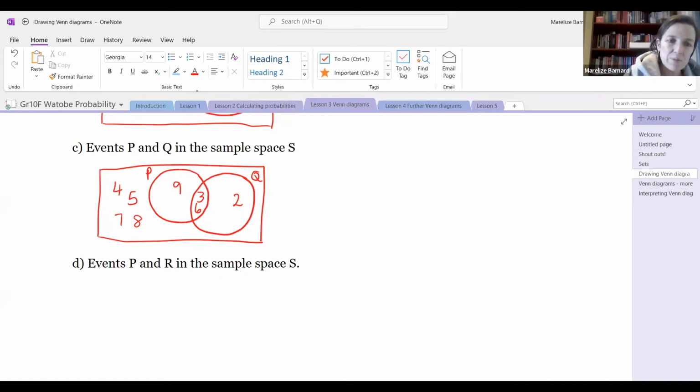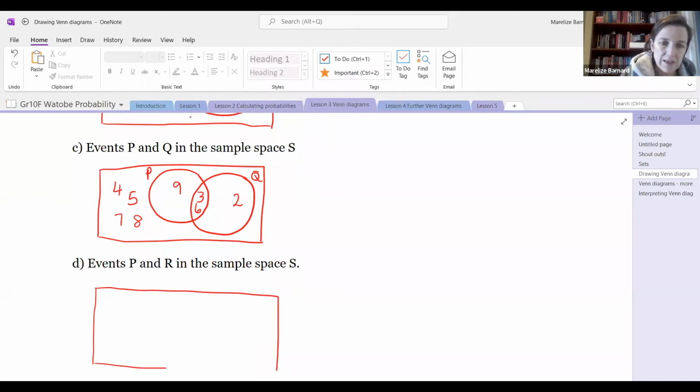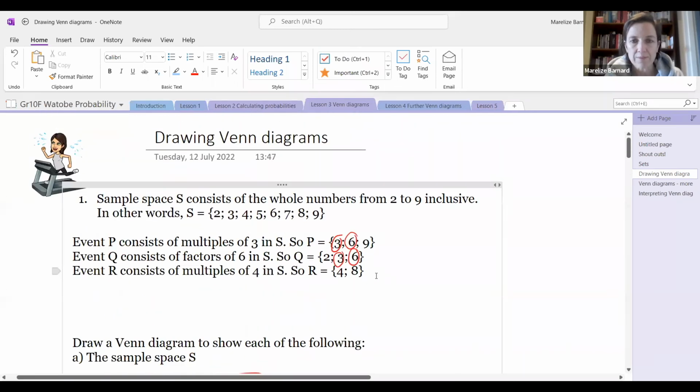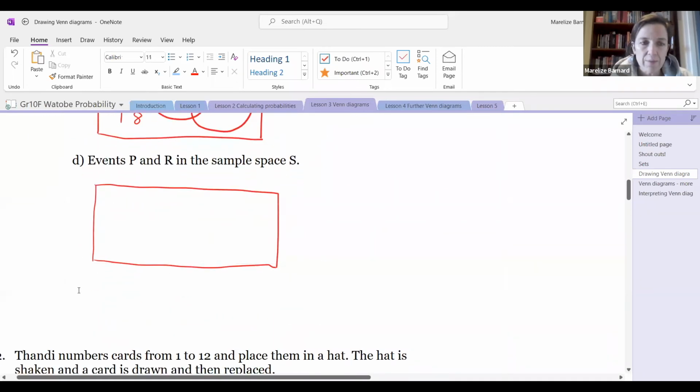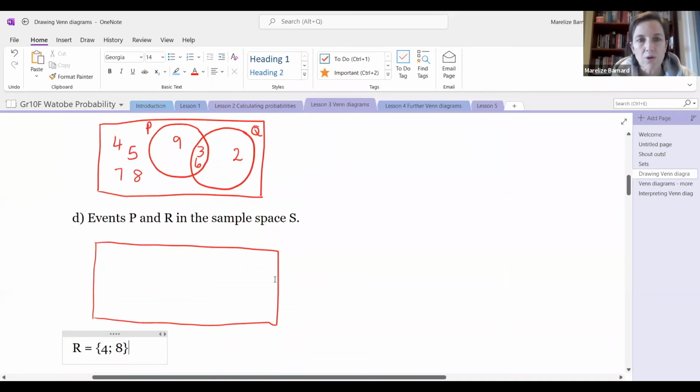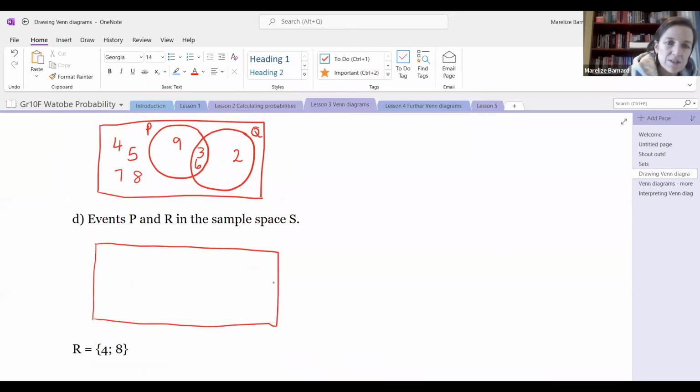Okay, now the last representation that we are going to make is P and R in the same sample space. So here we have our sample space. Now R is 4 and 8. Nothing in common, so we don't have to worry about any overlap between R and P. So we're just going to draw P over here. P is the numbers 3, 9, and 6.